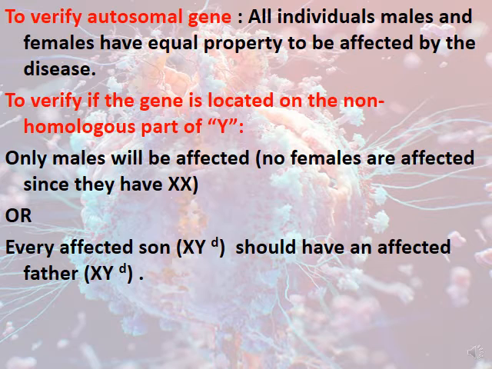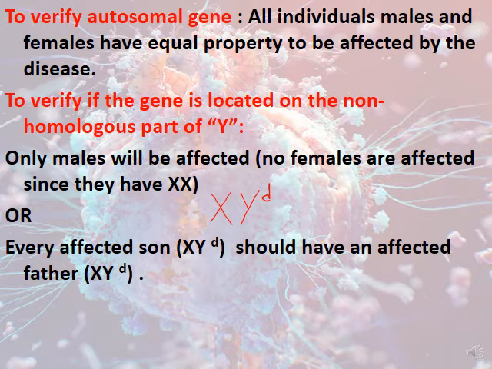Or the second way: every affected son should have an affected father. Why? Because if the disease is found on the non-homologous part of Y, let's say the disease allele is D, the male would have XYD. We write it like this, XY, and you put the allele as a superscript.